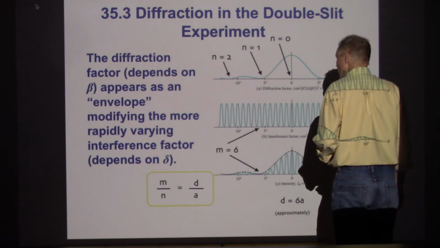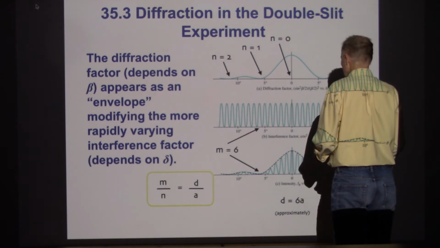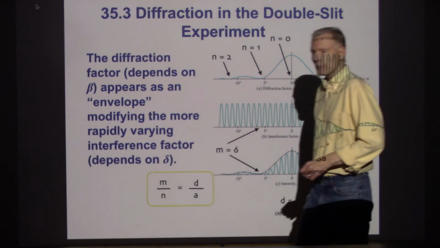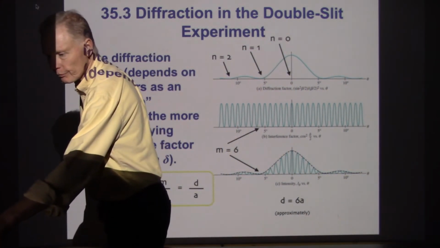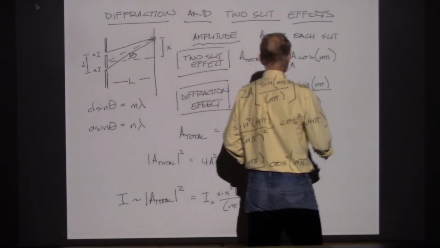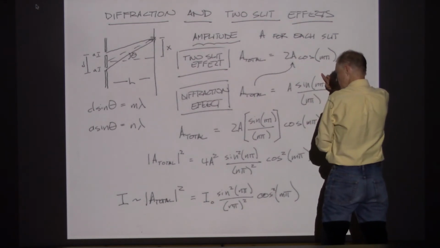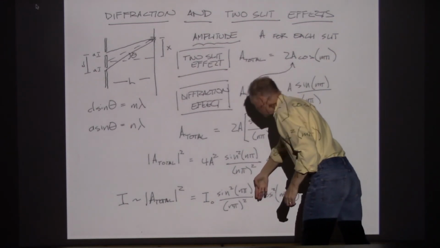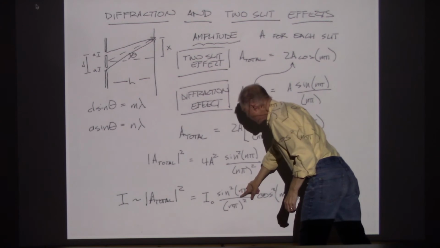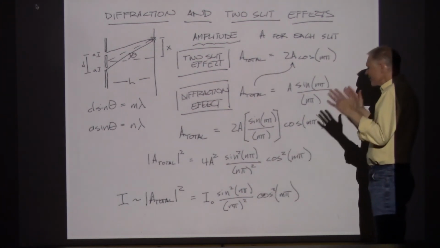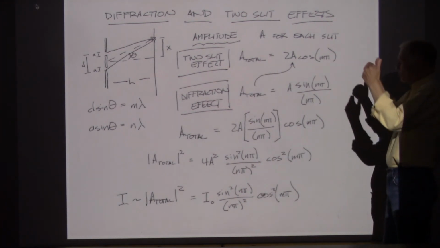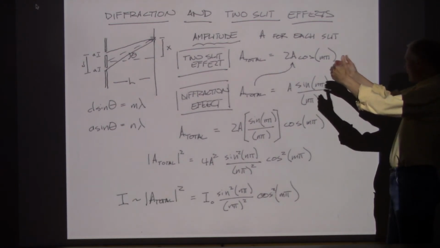So let me go back and look at the formulas. This diffraction factor, let's come down to this final version. This factor of sine squared over n pi squared has a peak value of 1 and goes as low as 0.